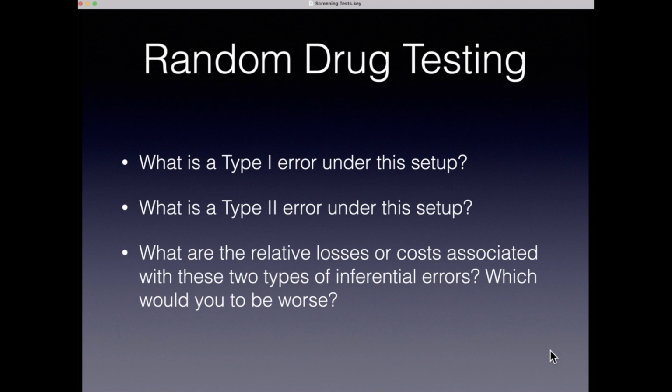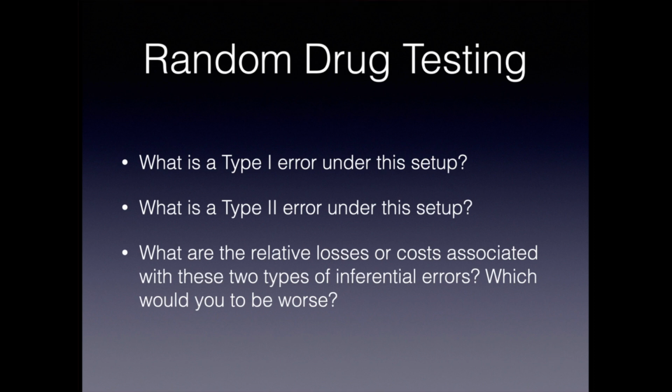And so when we consider the two ways of setting up the test, and in particular the way that we are going to set up the test, we need to think about what a type 1 error constitutes in each situation and what a type 2 error constitutes.